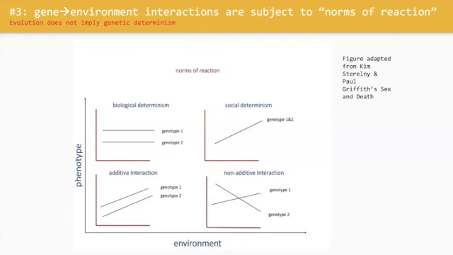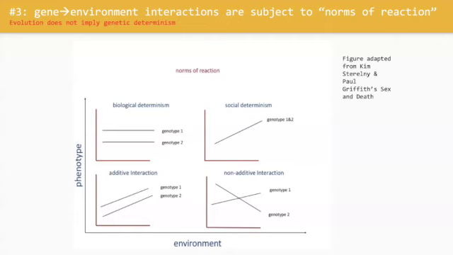So you are biologically determined to have a five-finger hand. Now, something might go wrong in the process of development where you have four fingers, but across the population, genotypes are pretty fixed in this expression. And no amount of education or nourishment will lead you to have six fingers. That's an example of biological determinism.